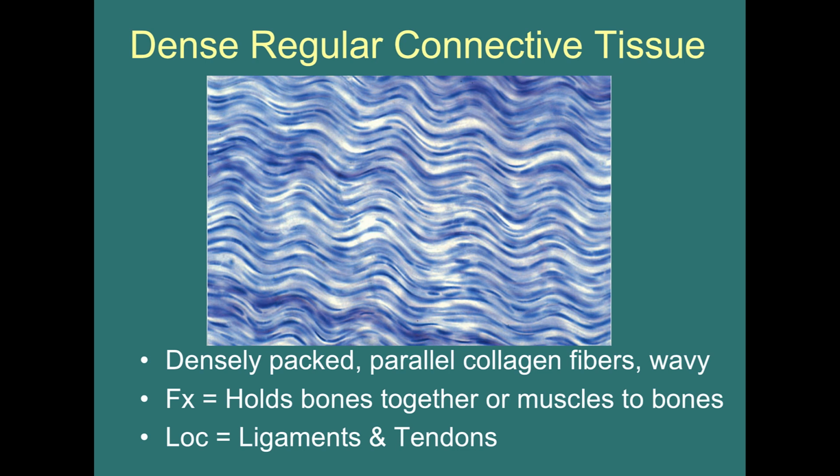Now, on the right and left sides, you'll notice that the fibers are running from right to left. So this is really strong and is going to withstand tension from a left and right direction. If there was a force applied to this tissue from the top or from the bottom, this tissue is not as strong.